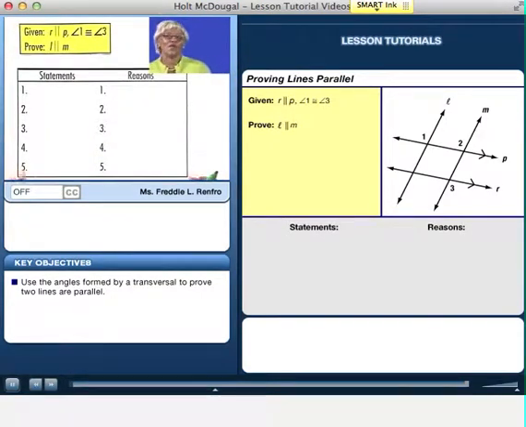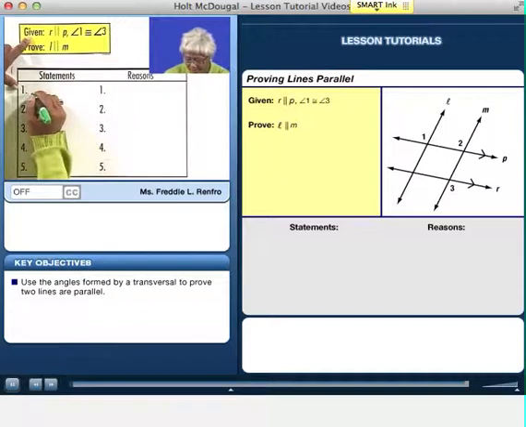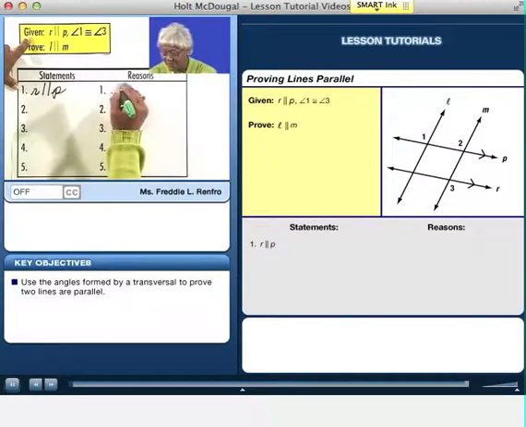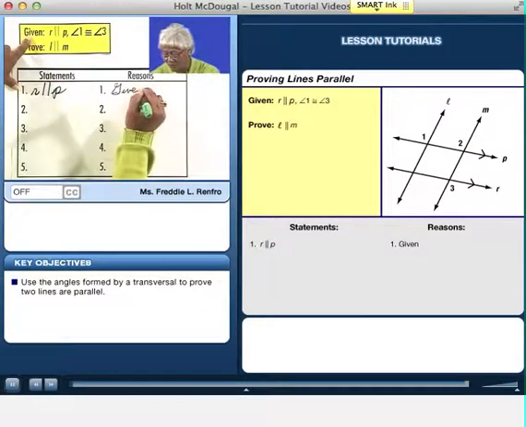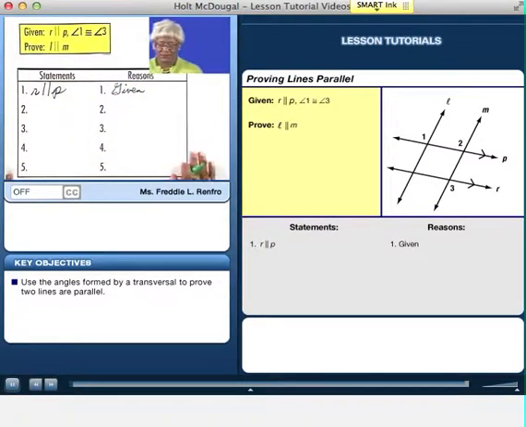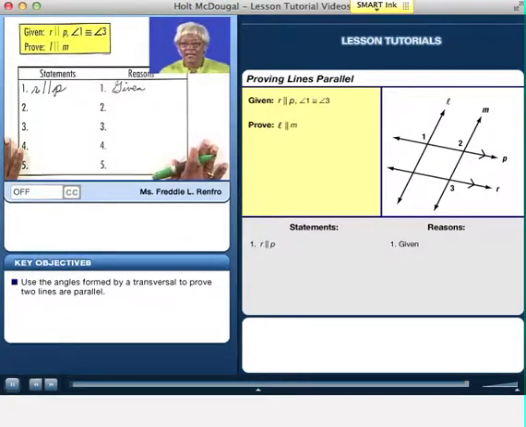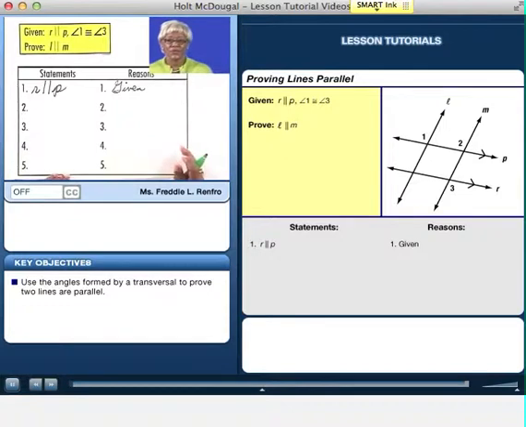Let's begin. Now, one of the first things you do is you use your given as your first statement. Well, I'm going to go ahead and write that line R is parallel to line P. And that was given. Now, if you look at the figure, what about angles 2 and 3?